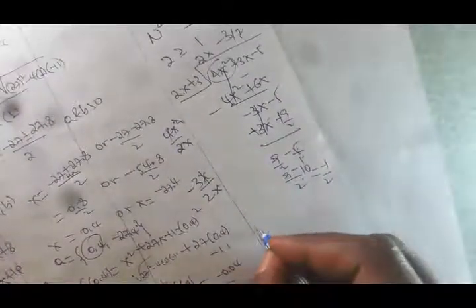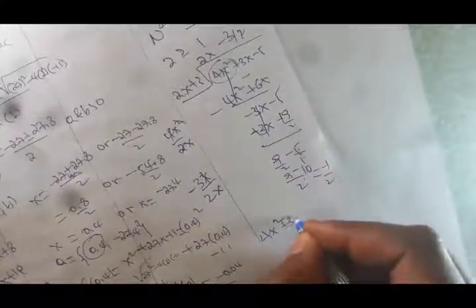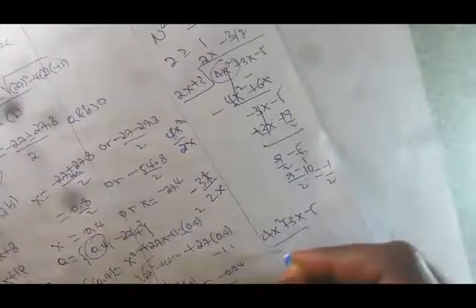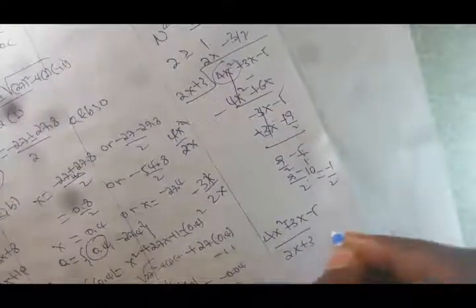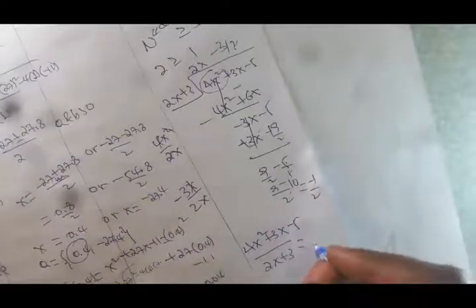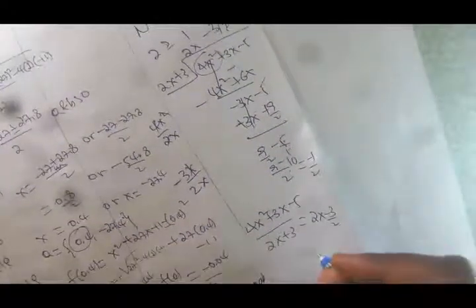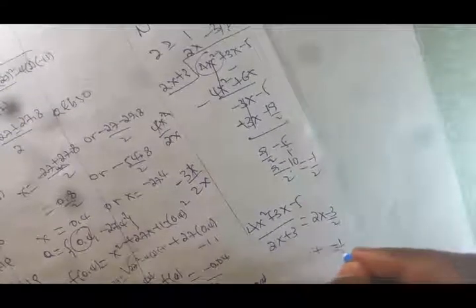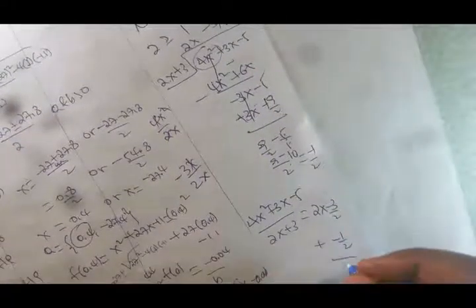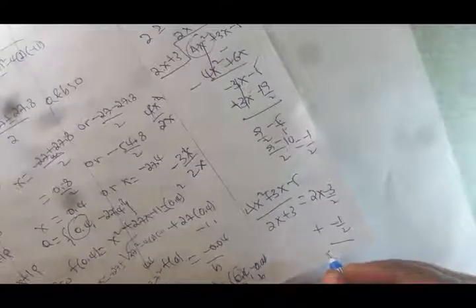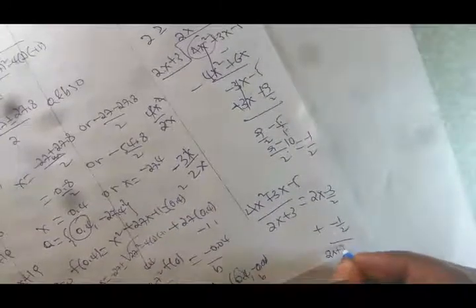Therefore, when 4x squared plus 3x minus 5 over 2x plus 3 is divided, our quotient is 2x minus 3 over 2 plus remainder minus 1 over 2 over our divisor 2x plus 3.